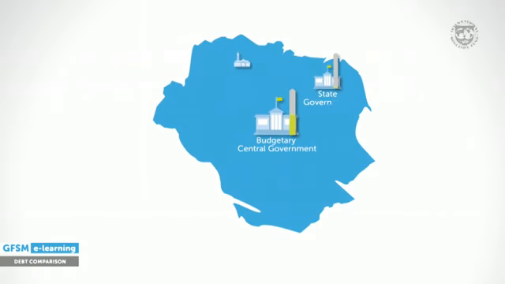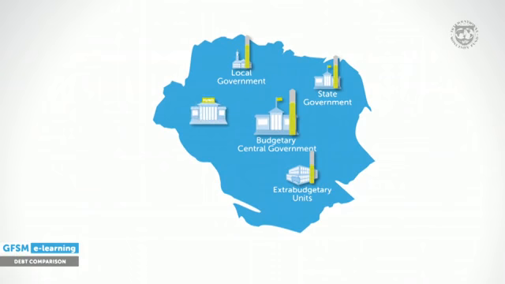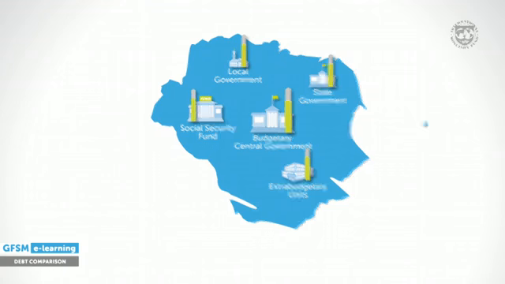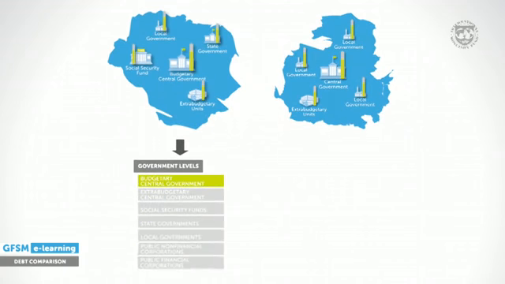And debt comparison between countries must also consider a second dimension. Debt can be held by more than one level of government. Beyond the budgetary account, state and local governments sometimes incur debt in their own right, and so do extra budgetary units and social security funds. Again, in practice, countries differ in the data coverage of the various levels of government.